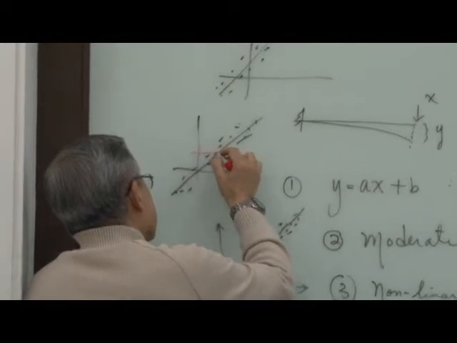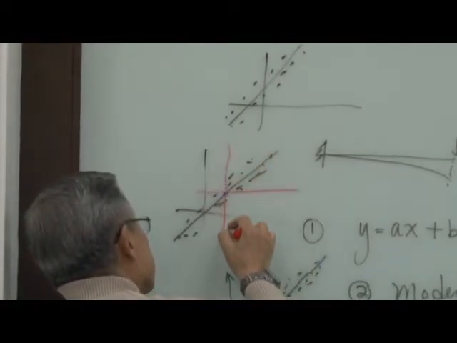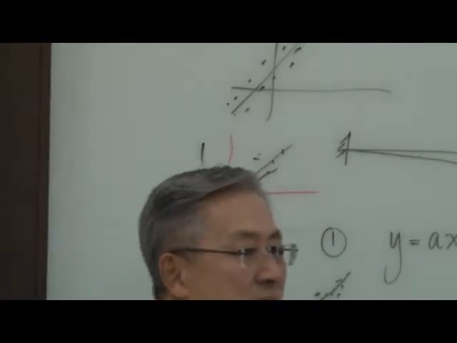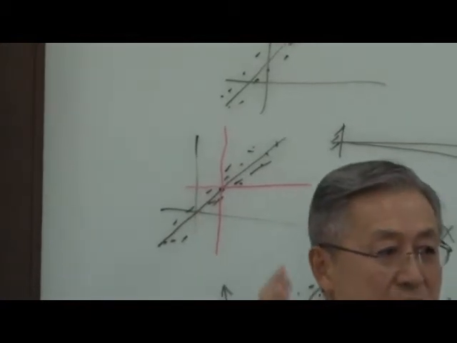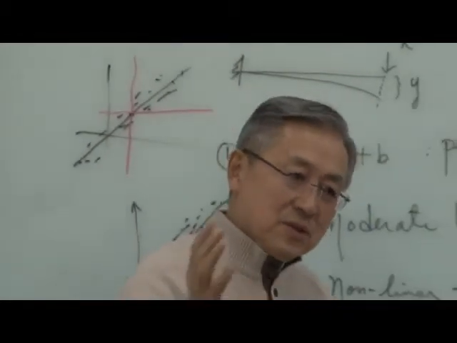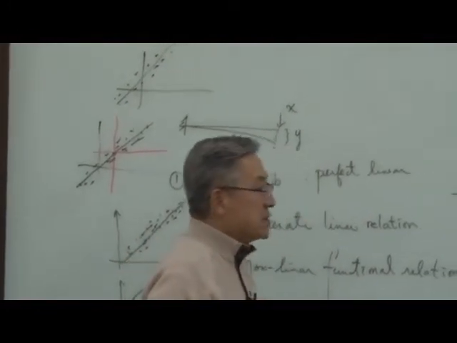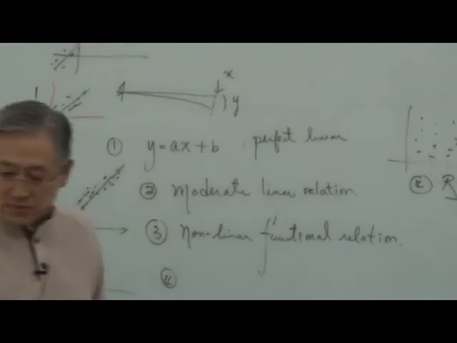So you can reset the x-y axis from here to here. Then the mean value, you don't have to worry. You can delete it for analysis. You can bring it back afterward. So that's another good situation.